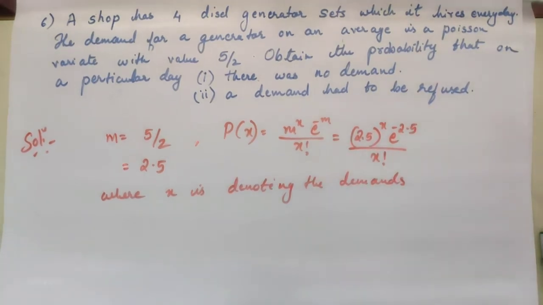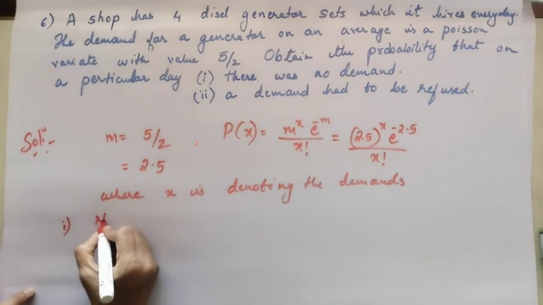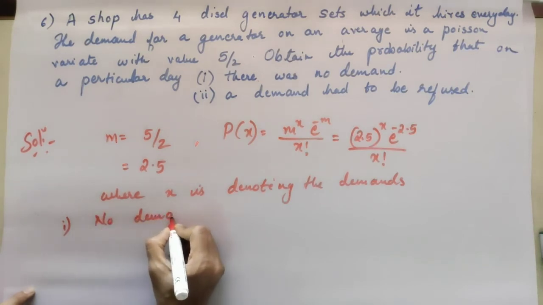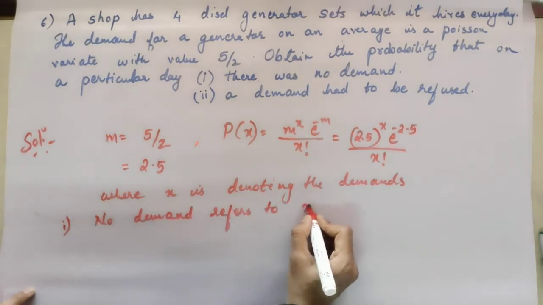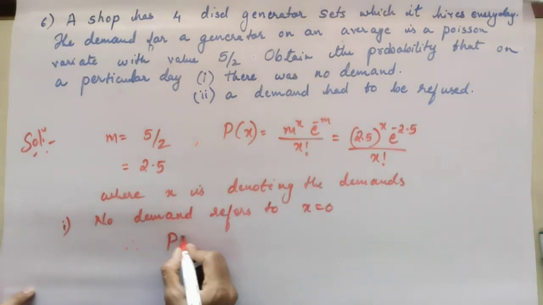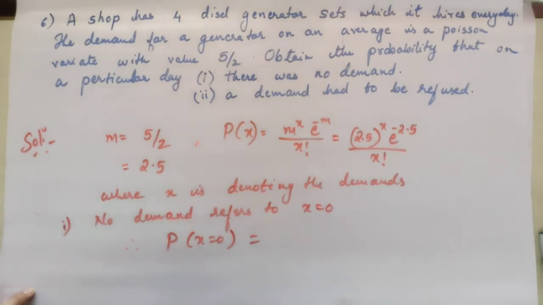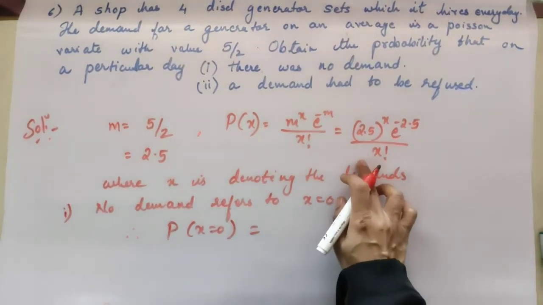Now the first part says there was no demand on a particular day. No demand on a particular day refers to x is equal to 0. Therefore, you have to work out the probability of x is equal to 0. Just put x is equal to 0 in this Poisson distribution.